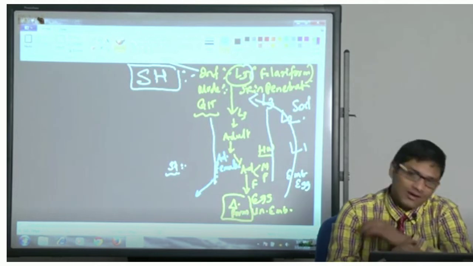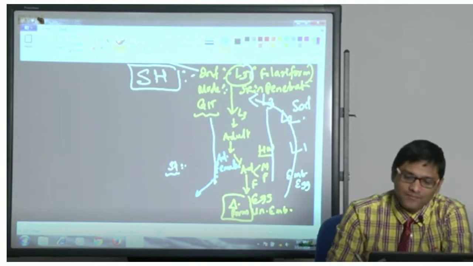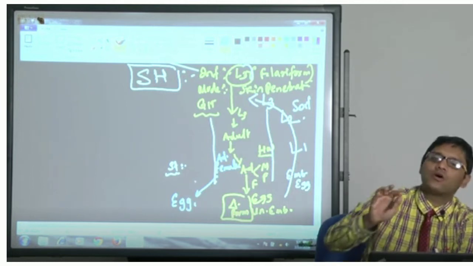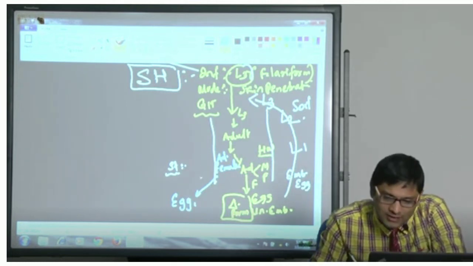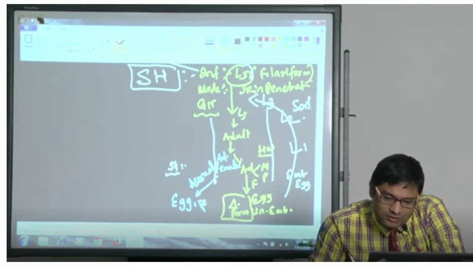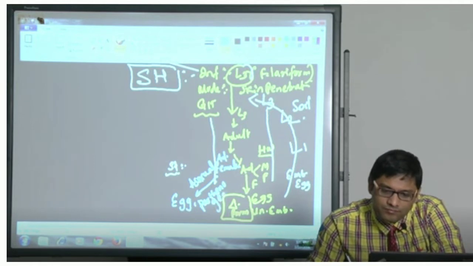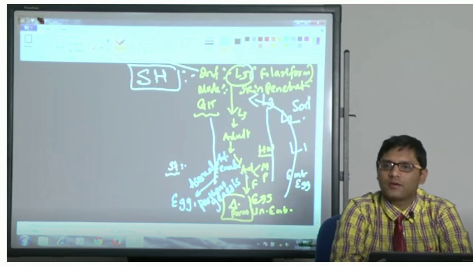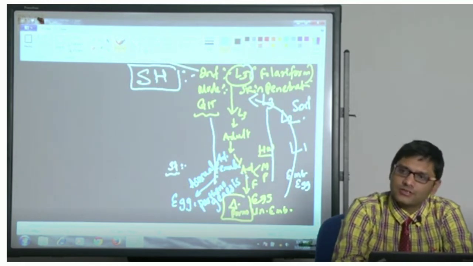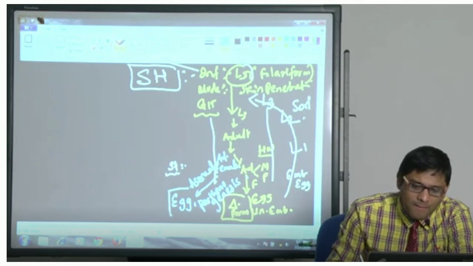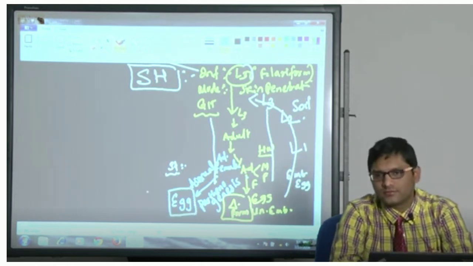But Strongyloides has the power of producing eggs without fertilization by asexual reproduction called parthenogenesis. Because of that, eggs are produced.